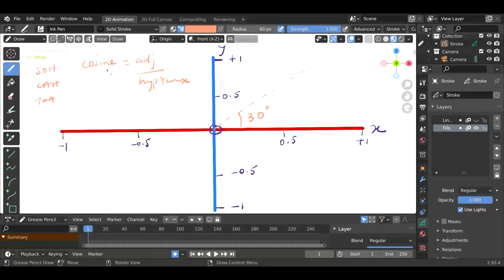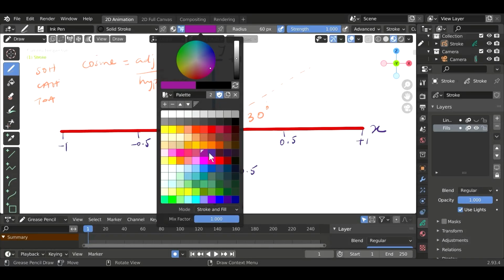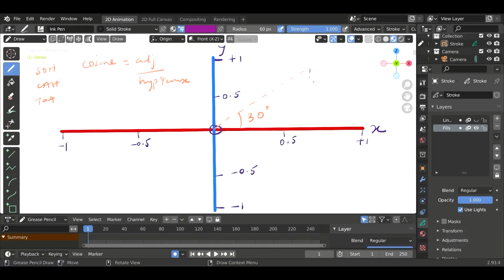So say you're looking for the cosine, or sometimes called cos. You just draw on your x-axis to find the point of your cos 30.